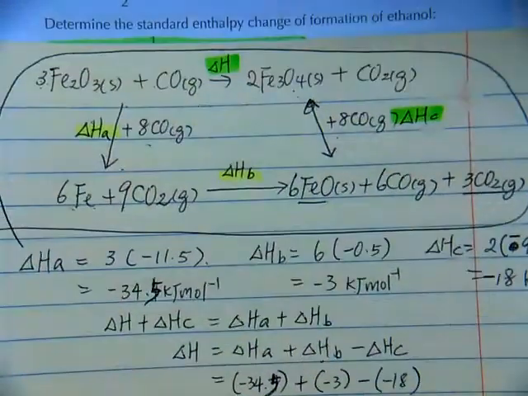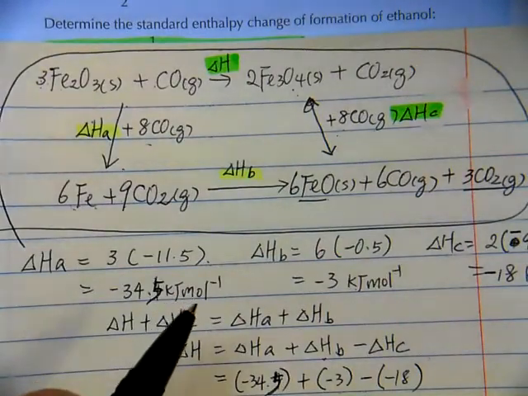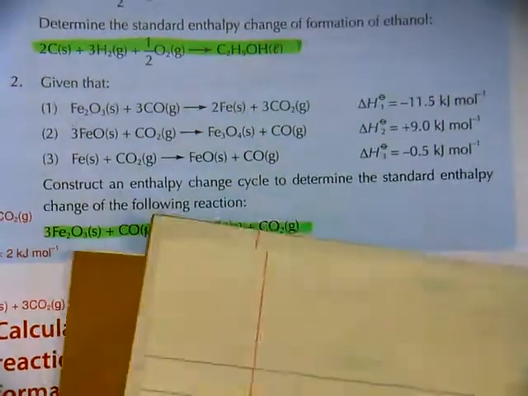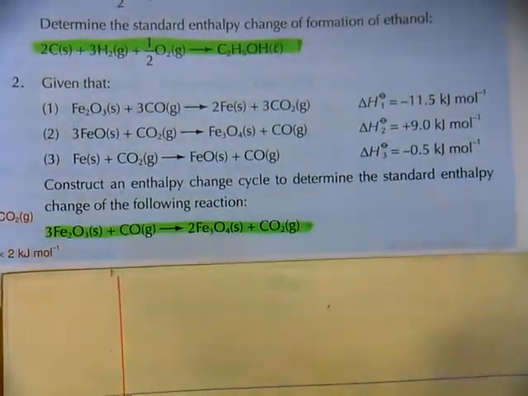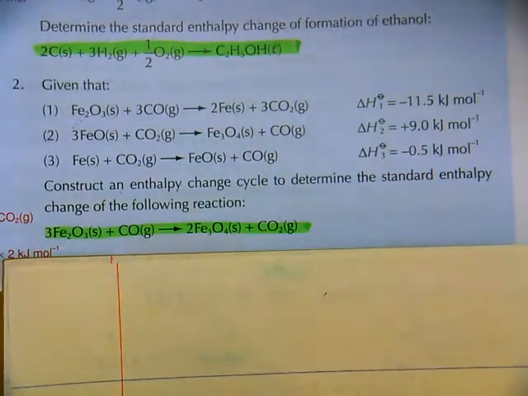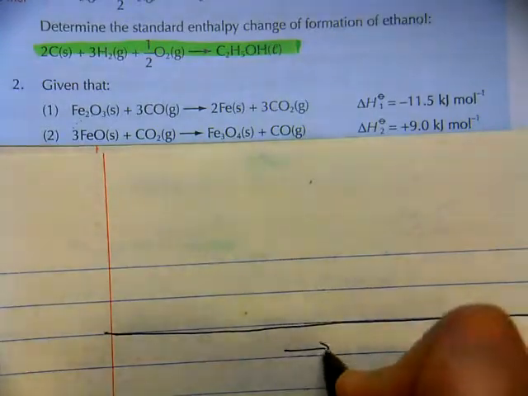Now I think it is too difficult to draw the cycle, okay? So I'd like to show you another approach, that is by elimination. Bear in mind your target. It is your target reaction.